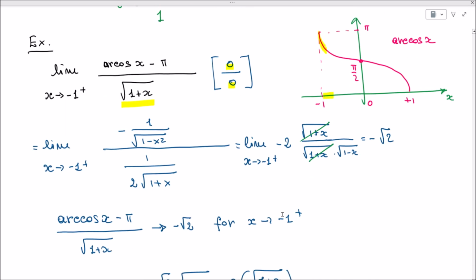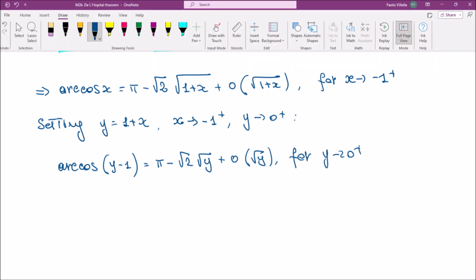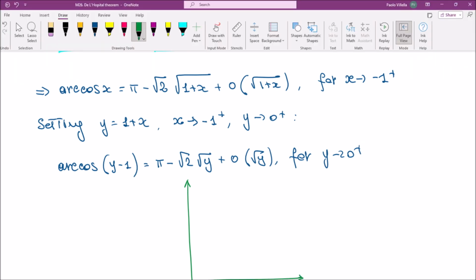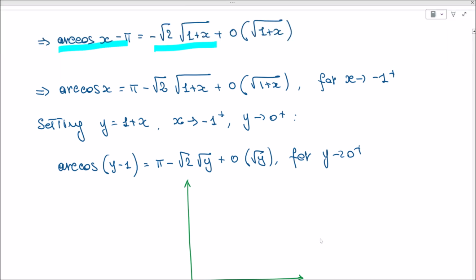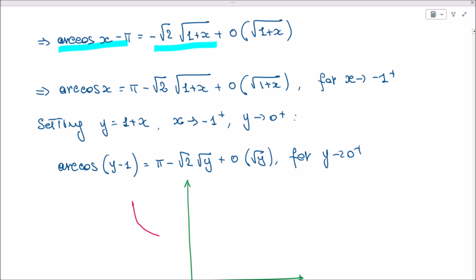What we are saying is that, remember that we started from the arc cosine function. So we said that we had the arc cosine function, which is something like this. This is 1, this is -1.